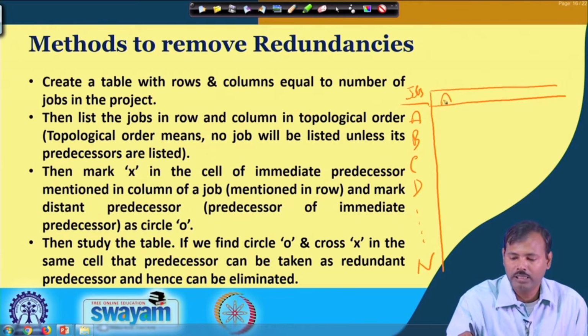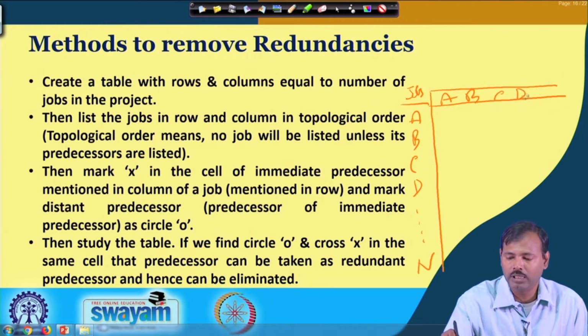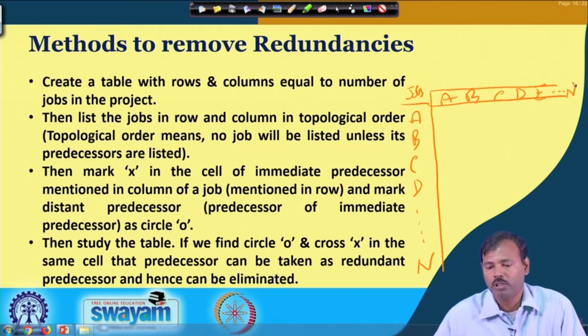So, it is again A, B, C, D, E, and up to N we will formulate it. So, it is basically an N by N table where we will mark the dependency in each and every box.